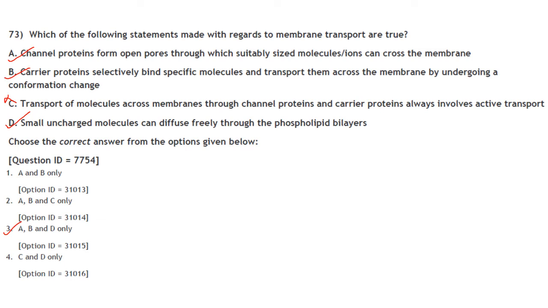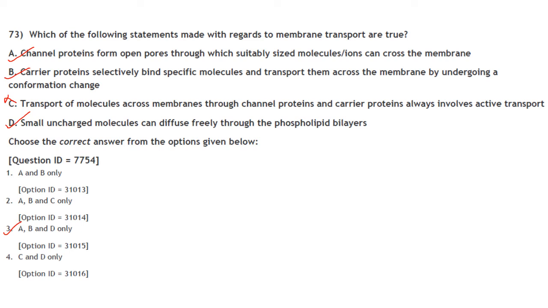Which of the following statements made with regards to membrane transport are true? Channel proteins form open pores through which suitably sized molecules and ions can cross the membrane. That's correct. Carrier proteins selectively bind specific molecules and transport them across the membrane by undergoing a conformation change.